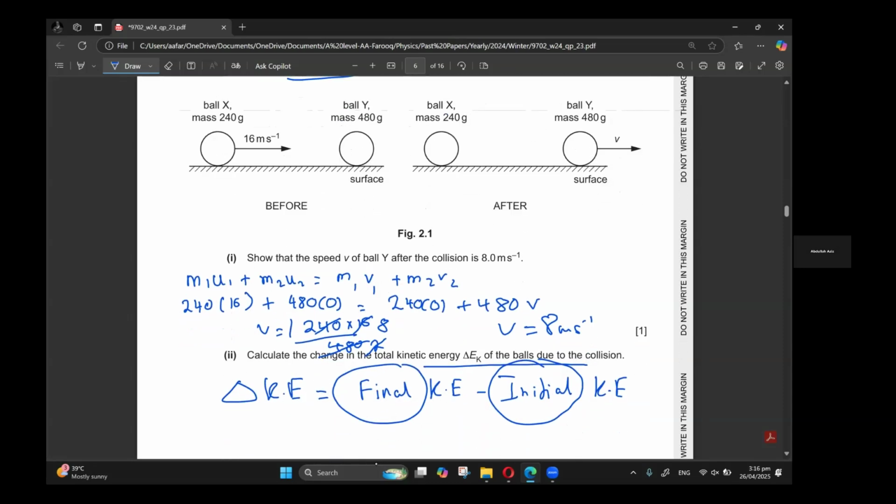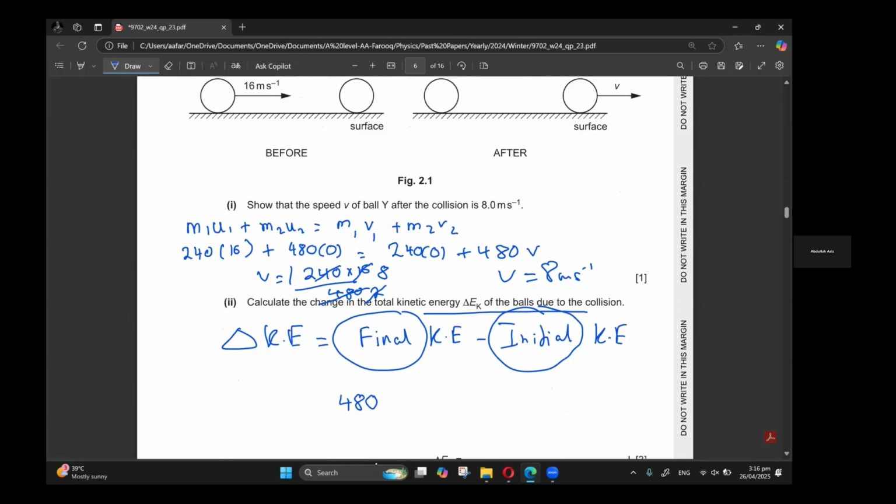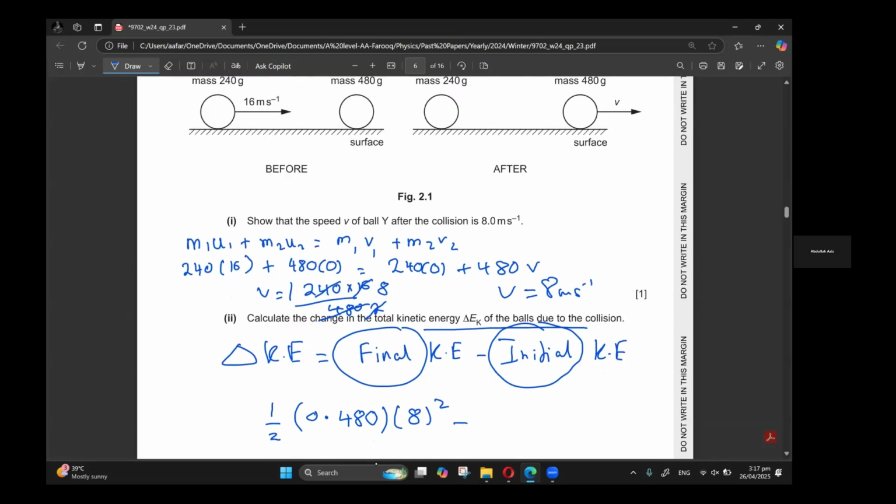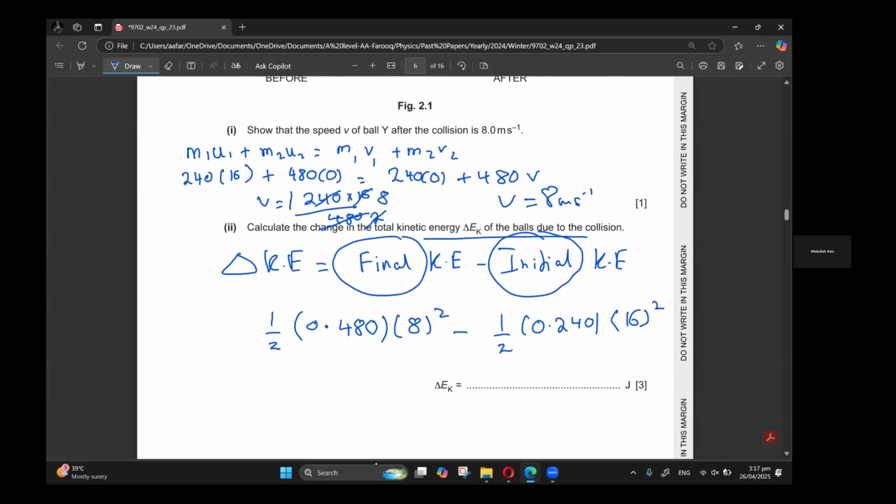Final kinetic energy is, over here we will need to use SI units, so 0.48 kg into half m v squared, with v equal to 8, minus initial half into 0.24 into 16 squared. Calculating, you basically get negative 15 joules.